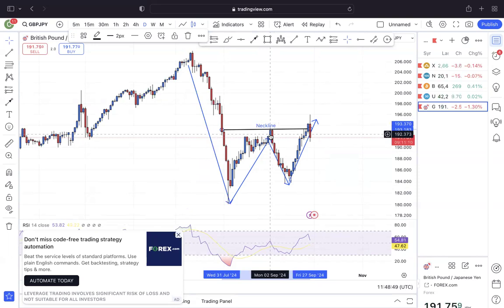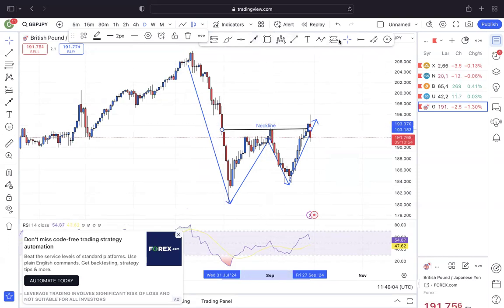So this pattern is considered a bullish reversal pattern because the pattern is initiated by a downtrend and finalized in an uptrend. So this pattern particularly is one of the strongest reversal patterns.